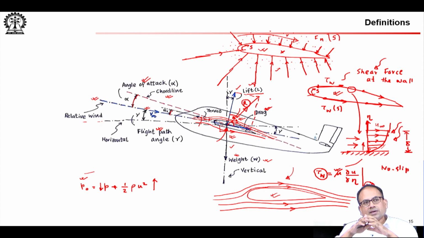So, you find the resultant force due to the normal force and the shear force distribution, you find the resultant force R, then you take the component of that resultant force in a direction perpendicular to the relative velocity direction, that gives you lift, and you take it along the relative wind direction, that gives you drag. And for efficient aerodynamic design, your lift should be significantly greater than drag.